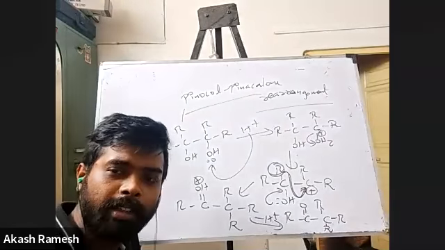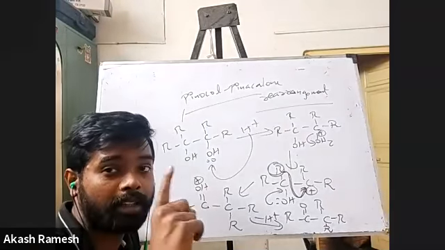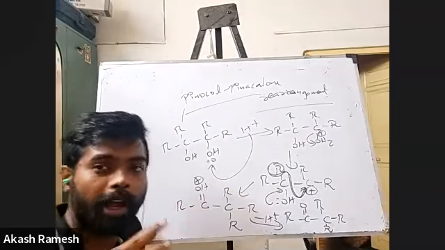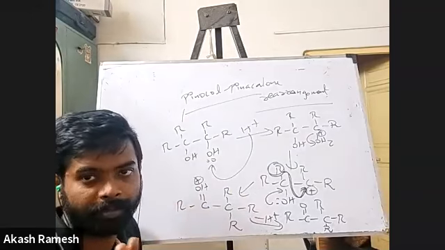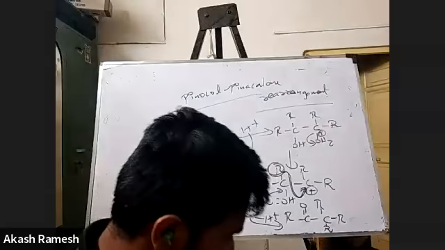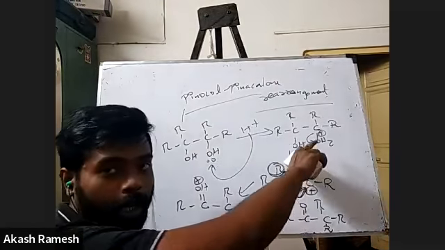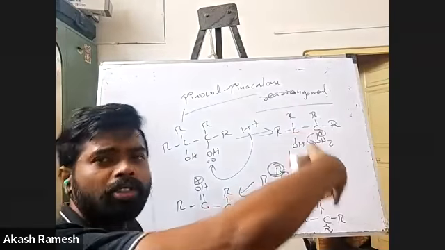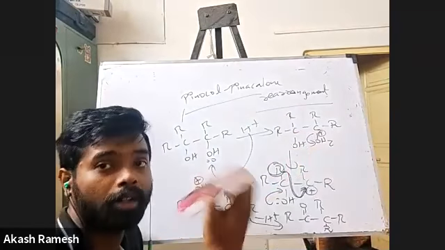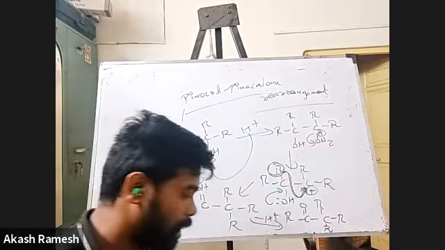So obviously the first step is to understand that the more stable carbocation should be formed. If I give you some examples, then you'll maybe understand. First step is the carbocation, so I have to make sure that a more stable carbocation is formed. You know how to decide the stabilities, right?